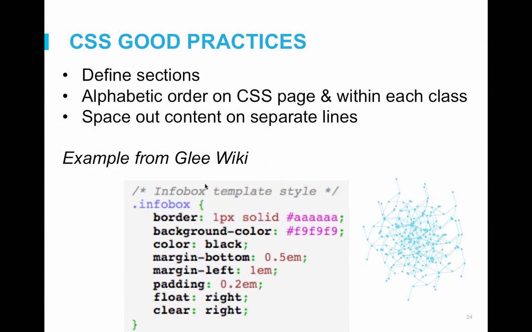The border and the background are in front, and it's quite okay. If you just notch down your properties in whatever order, people will get confused or stuff will get lost or forgotten. And also, it's good practice to space out and have one property per line and separate the definitions line by line.